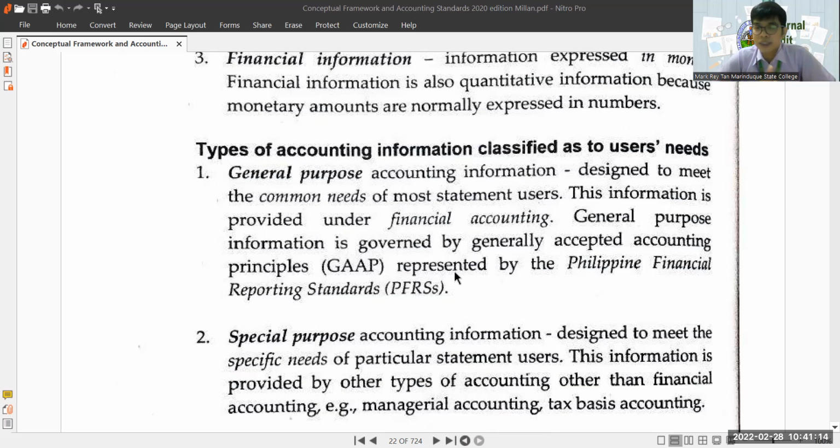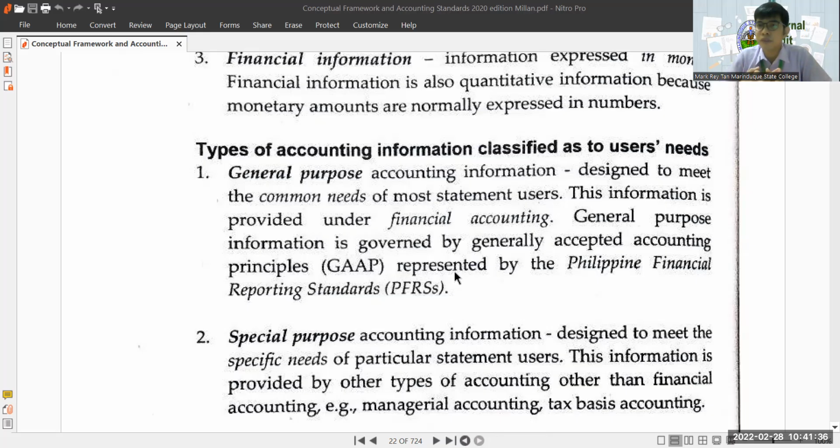So guys, ganito na. General purpose siya kasi kahit pa anong nature ng business, kahit pa anong industry ng business, pag sinabi natin complete set of financial statements ng mga private entities, what are those? We have the balance sheet or the statement of financial position. We have the income statement or the statement of profit or loss.